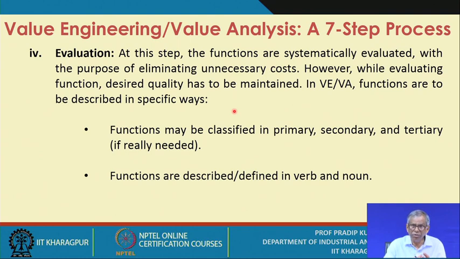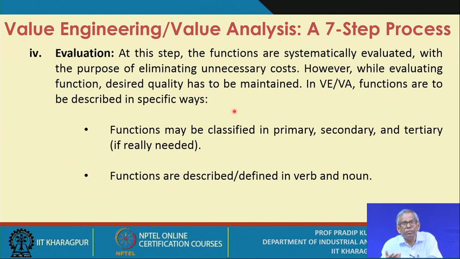The first category is the primary function, for which the product has been designed. The second is the secondary function, and then you can also go to the tertiary level if really needed. Then functions are described or defined in verb and noun.